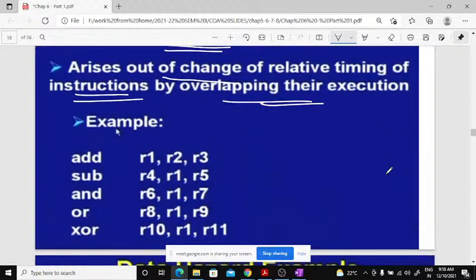Like the dependency, for example, you can see here the first instruction is the add instruction.